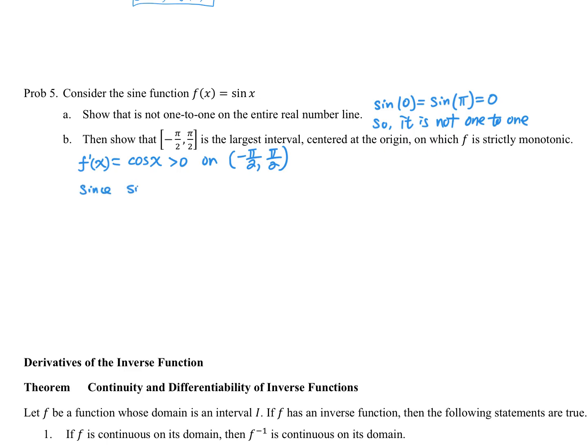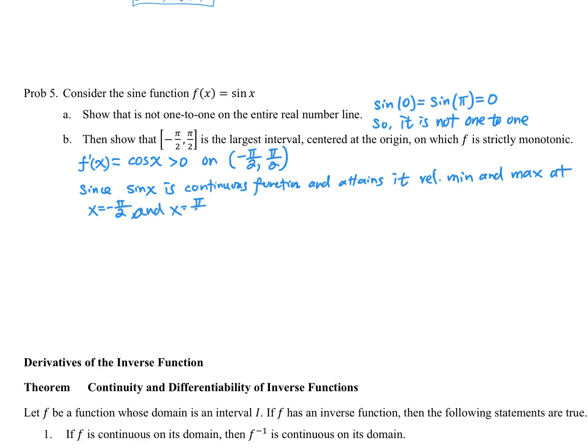Since sine x is a continuous function, and it attains its relative minimum and relative maximum at the boundary points, x equals negative pi over 2 and x equals pi over 2 respectively, we can conclude that it's continuous, therefore it's connected.